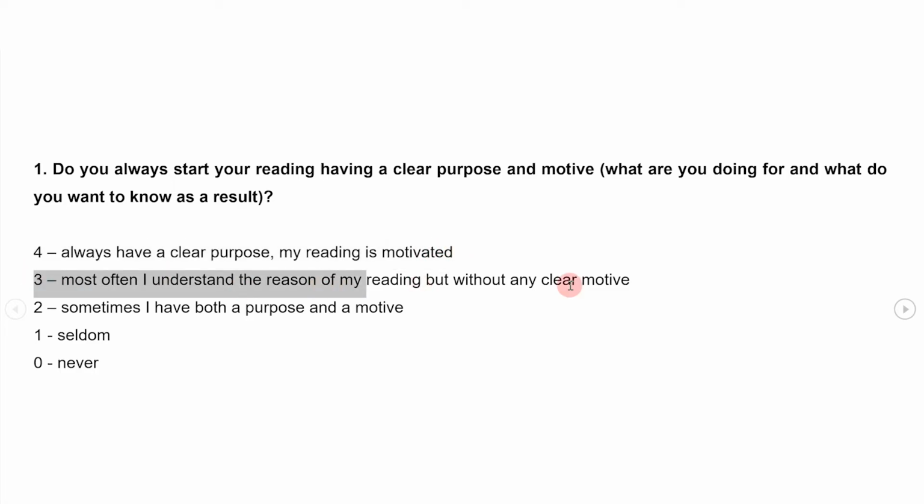Put 3 points if most often you understand the reason for your reading but without any clear motive. Put 2 points if sometimes you have both a purpose and a motive. Put 1 point if your answer is seldom. Put 0 points if your answer is never.